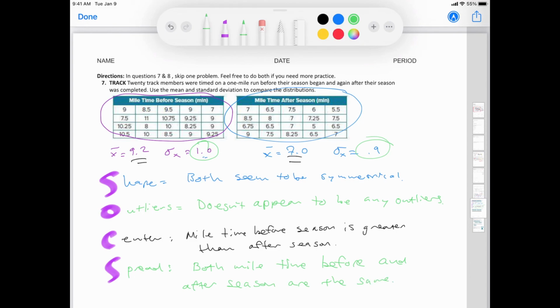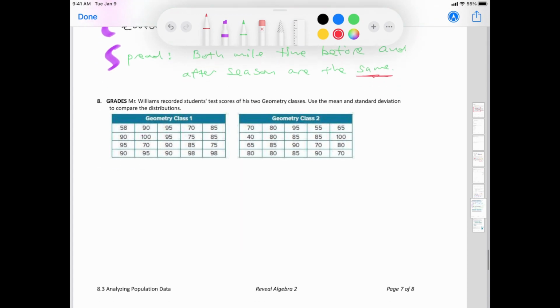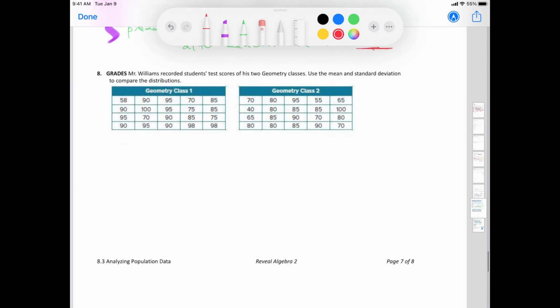Do you see how I'm saying that they're pretty much the same? It's not like you're drinking energy drinks. It's not like you had foot pains. You're kind of just consistent in the team's times. Okay? All right. Go ahead for question number 8. Press pause. Get the mean and population standard deviation for both the geometry classes, and then go ahead and write out your SOCS, and then we'll do it together.